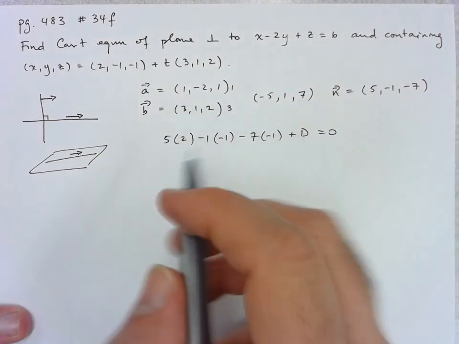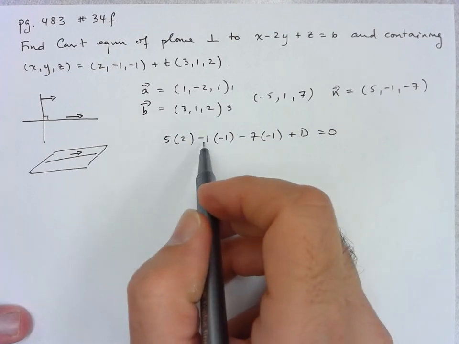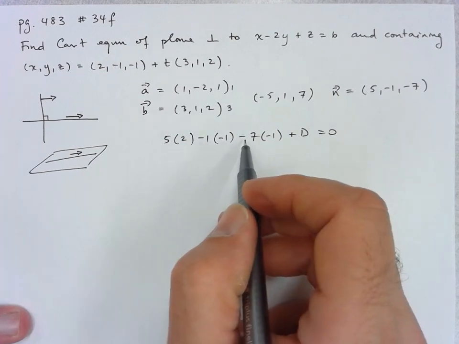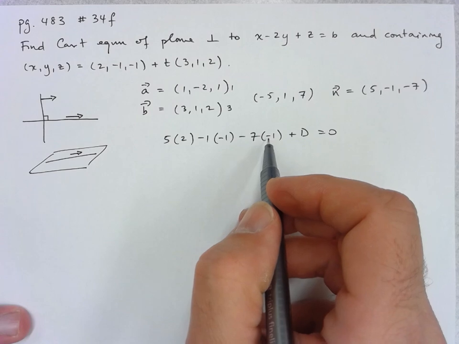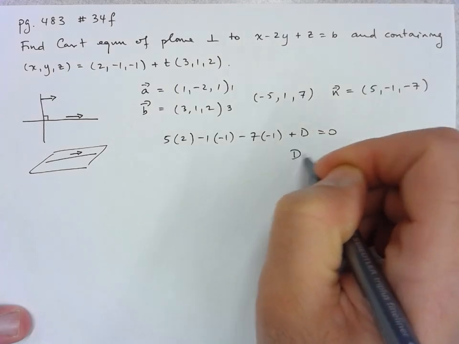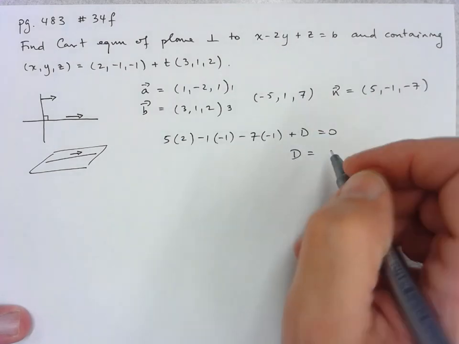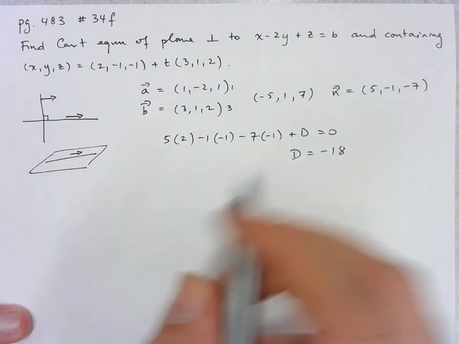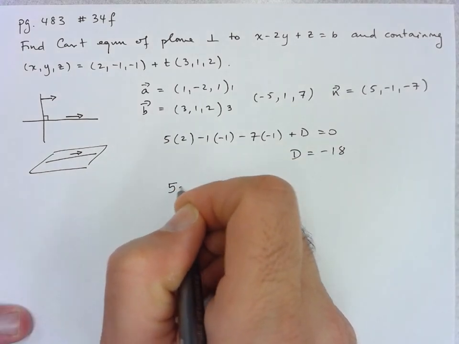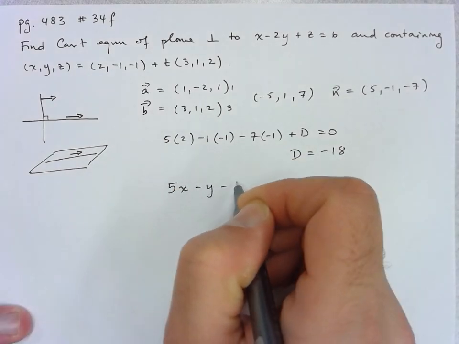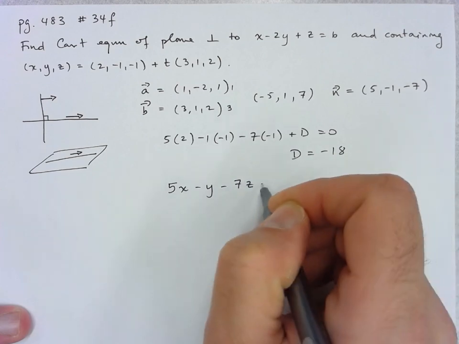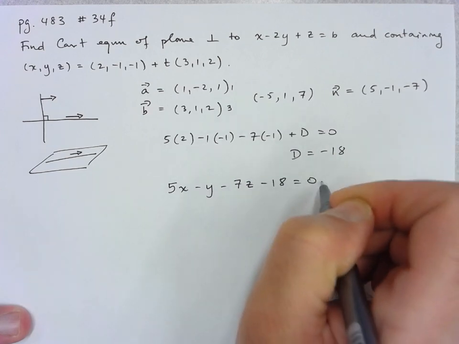So I can solve for d. Here we have 10 plus 1 is 11, plus 7 is 18. Bring that to the other side: d is equal to -18. And so the equation of my plane is 5x minus y minus 7z minus 18 equals 0.